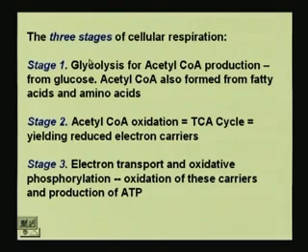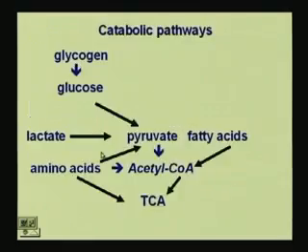So, these are the 3 stages of cellular respiration, and if we consider the catabolic pathways of all the breakdown, whether it is amino acids or fatty acids or glucose, they ultimately lead to acetyl CoA, which is the key component of the TCA cycle, which we will see. What we have studied in glycolysis is glucose getting to pyruvate.